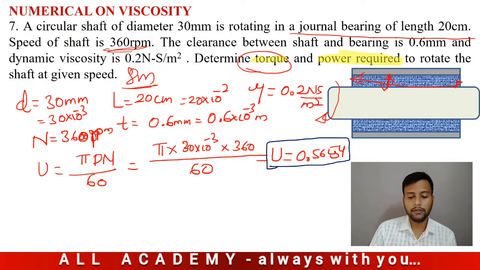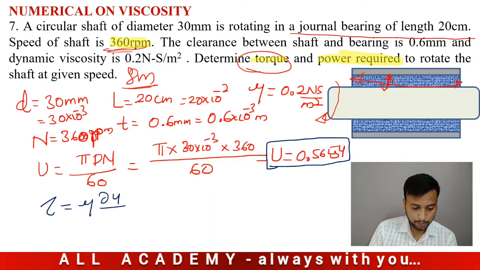Now we have got the velocity of this shaft. Please note that rpm is revolutions per minute, this is not our velocity. Now the shear stress is given by tau is equal to mu into du by dy. Now we have identified the velocity, we know the clearance, and we have the viscosity, so we can easily identify the shear stress.